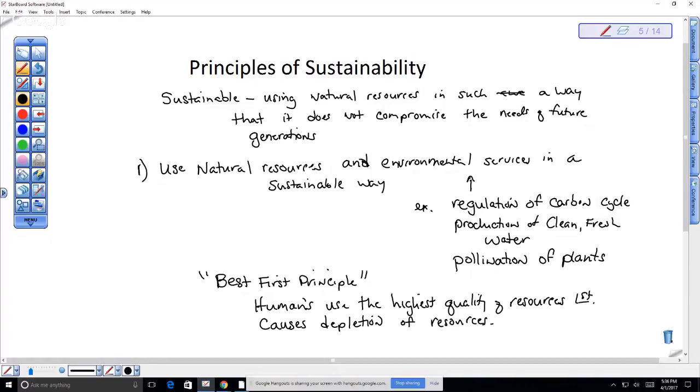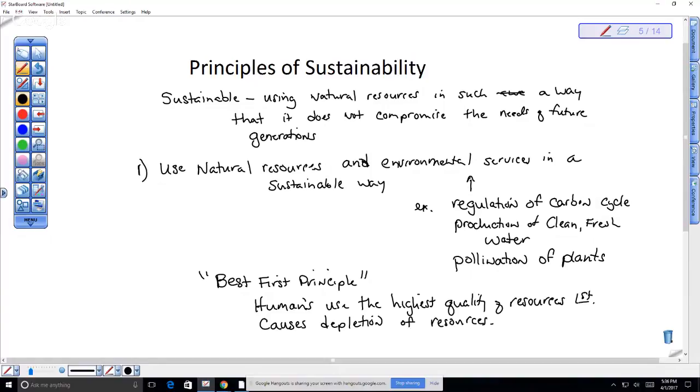And this is the big issue with the Keystone Pipeline and the Dakota Access Pipeline, is that they're using the sand that is permeated with petroleum products. And it's really hard to extract. It's like dirt with oil in it. It's really hard to extract the oil from it. So that's going to take energy. And then the oil is not very clean, and so it's sometimes said to be dirty oil. And so now that we've used the easy, now we're going up and using tar sands.